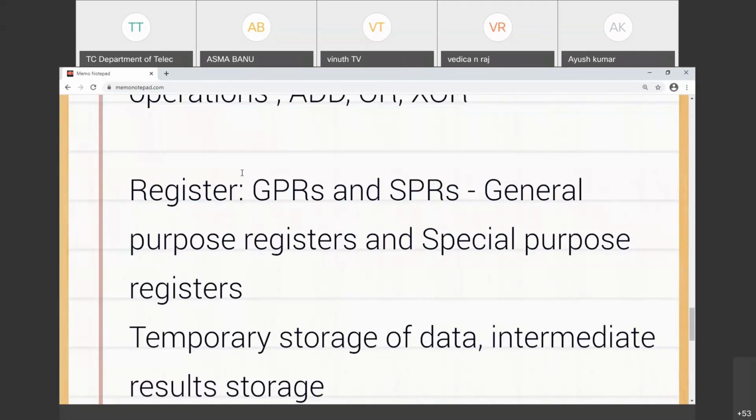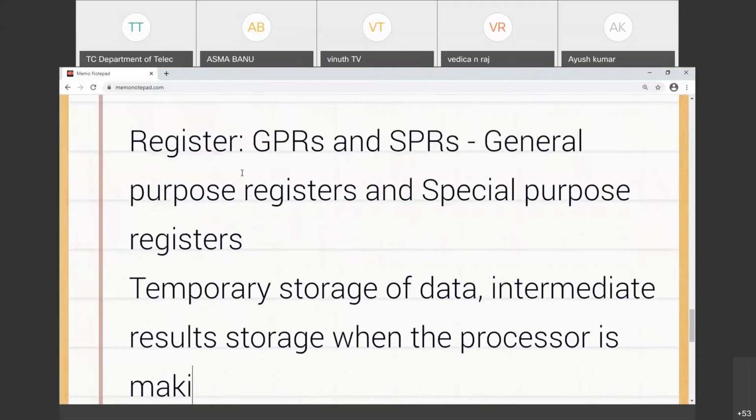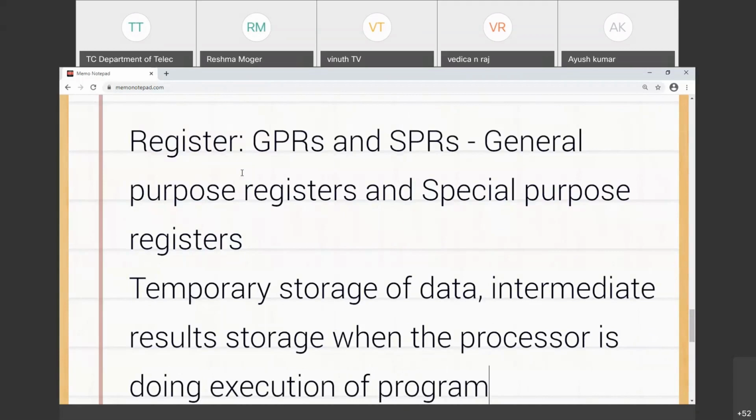Usually general purpose registers are general; they are used for temporary storage of data or intermediate result storage when the processor is doing execution of a program.